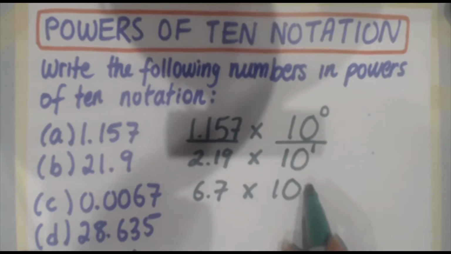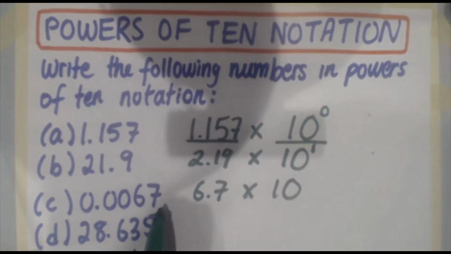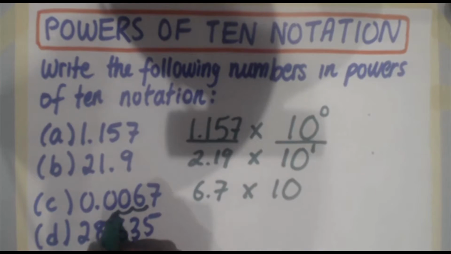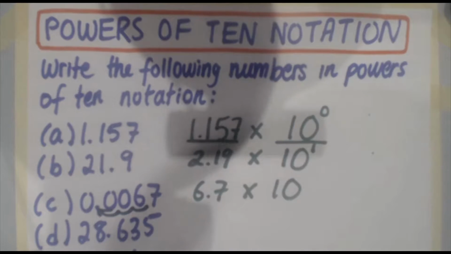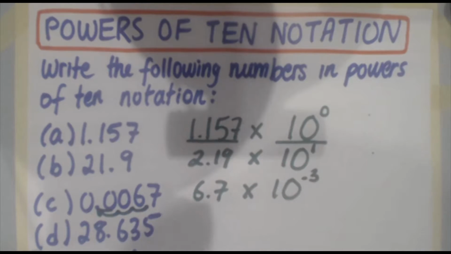Whenever you have a negative exponent for the 10 multiplier, that means the number is very small, usually a decimal less than 1. If we had the decimal right here between the 6 and the 7, we would have to move it back 1, 2, 3 times to get to the original decimal place. Therefore, the exponent is -3.